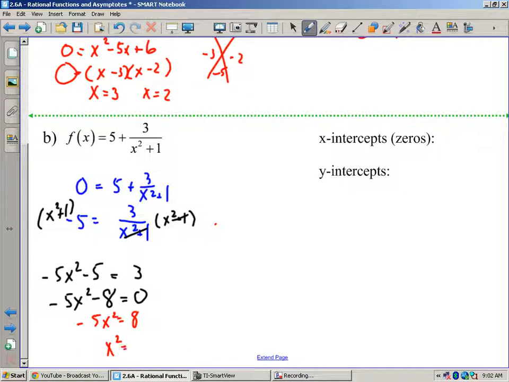Well, now if I try to take the square root of this, I'm going to get some imaginary solutions, which means that this graph is not crossing the x-axis. So there's no x-intercepts. There still could be y-intercepts, and that's just solving for y when I put 0 in for my x's.